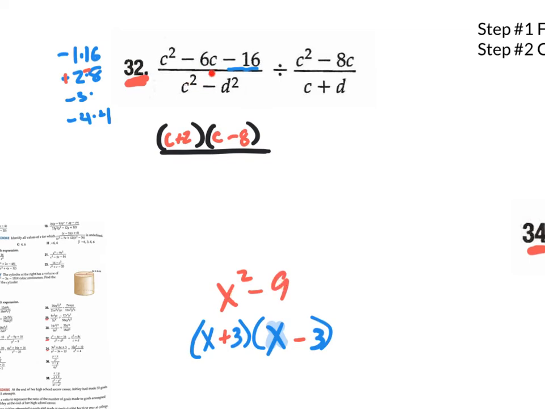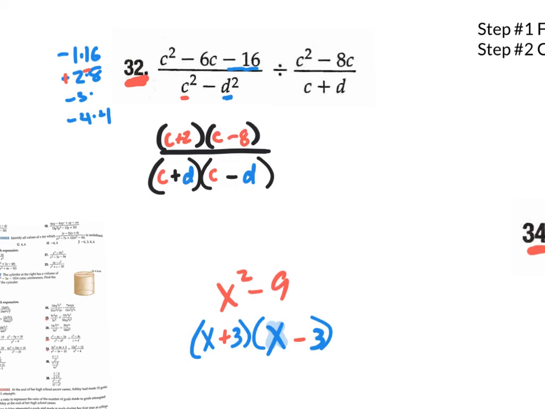So when I look at this guy right here, I need to use that difference of 2 squares knowledge to be able to factor it to the square root of c squared, that's just c, put it on both, and the square root of d squared, that's just d, put it on both. And of course, one has to be plus, one has to be minus in order for you to actually get a negative d squared and in order for the middle value to cancel out.